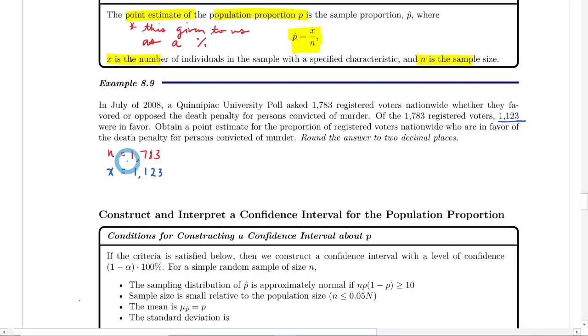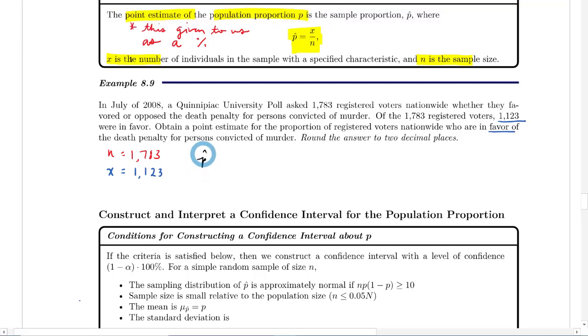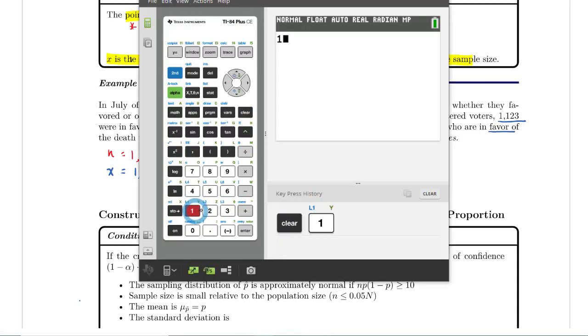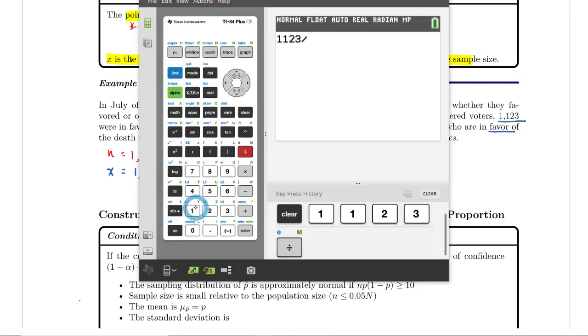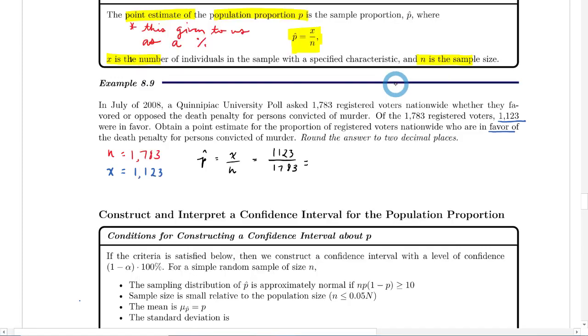So the point estimate for the proportion of registered voters who were in favor means that p hat is going to be equal to x over n. And so that's just going to be 1,123 divided by 1,783. And that is equal to, if we put it into the calculator, a good proportion of the voters. And so rounding to 2 decimal places will be 0.63.